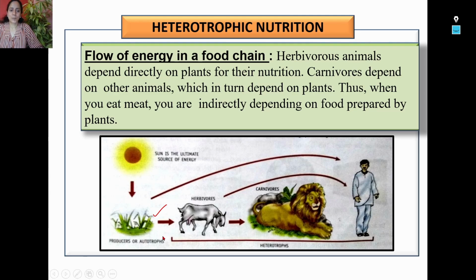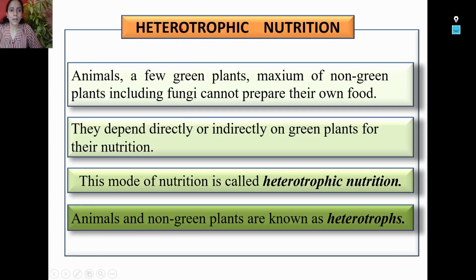So now, let's proceed further. We are coming to the term heterotrophic nutrition. Let's look around and try to correlate. Most of the animals, in fact maximum animals, a few green plants, and maximum of the non-green plants, including fungi, cannot prepare their own food. They are all dependent directly or indirectly on green plants.